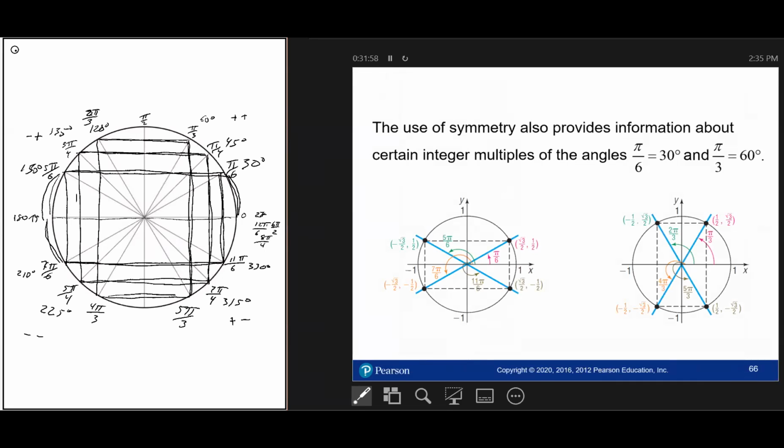If it ends up on one of these terminal sides, then the x and y for that point on the unit circle are going to be the same, and so the sine, cosine, tangent, cotangent, cosecant, and secant are going to be the same.